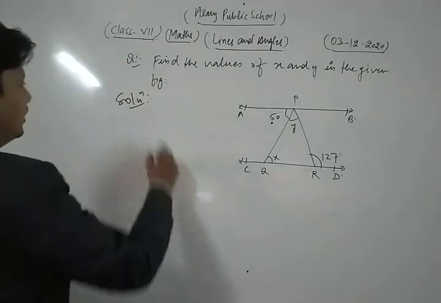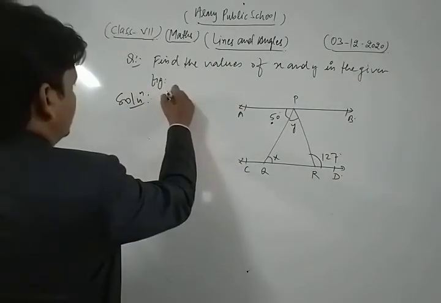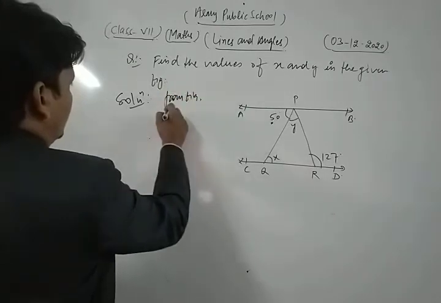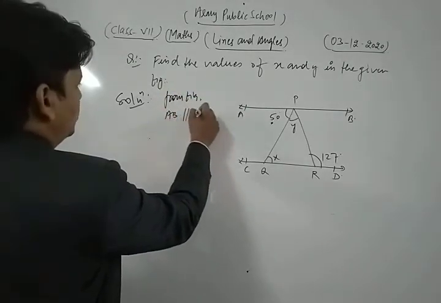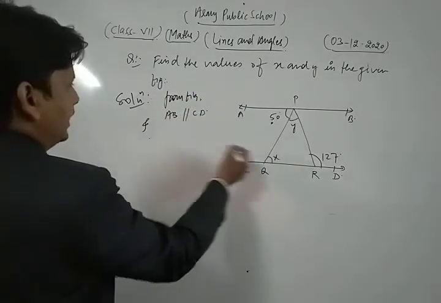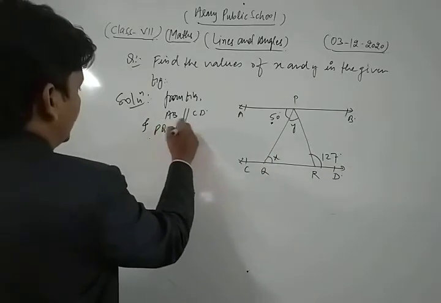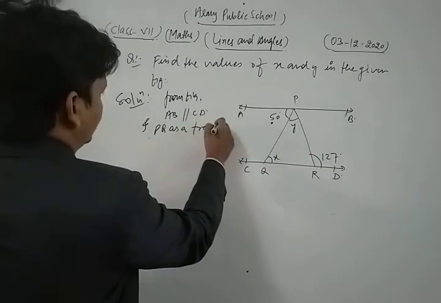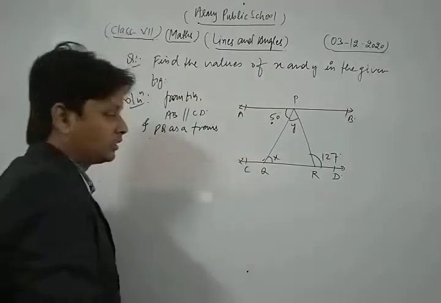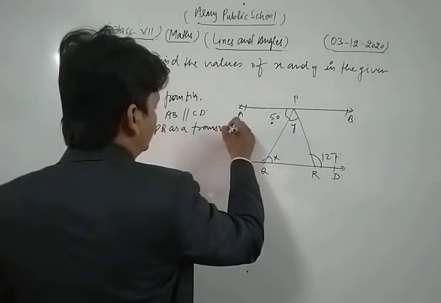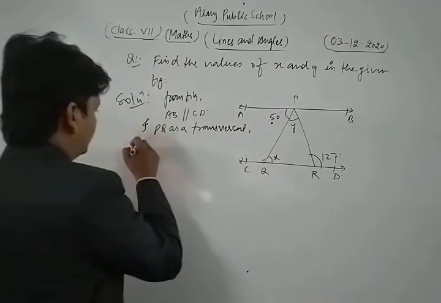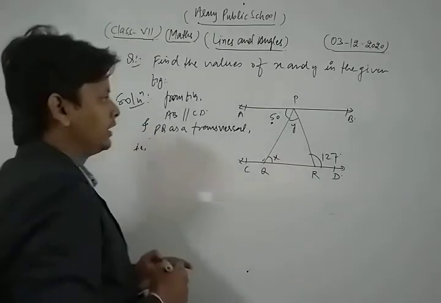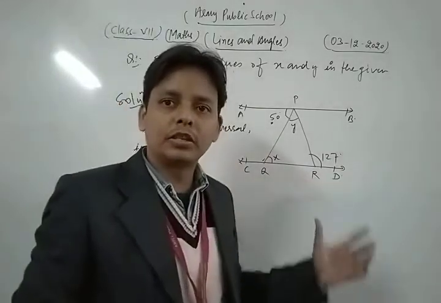Dear friends, first from the figure, AB is parallel to CD and PQ is a transversal.